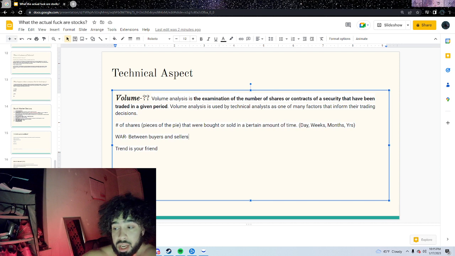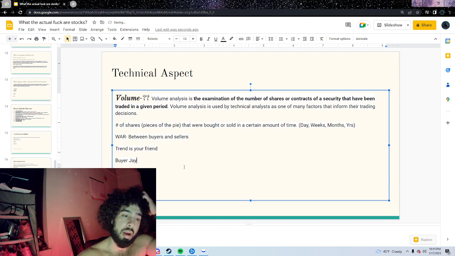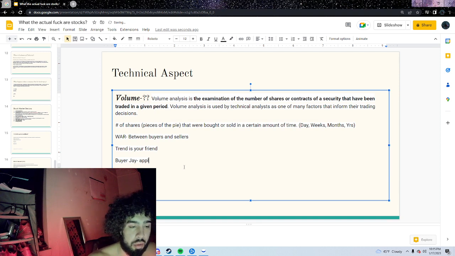Then when everybody's satisfied with the price of that stock, for example, I'm a buyer, buyer J. I buy Apple for, let's say, $100. I look at the volume beforehand and see the volume is really high.